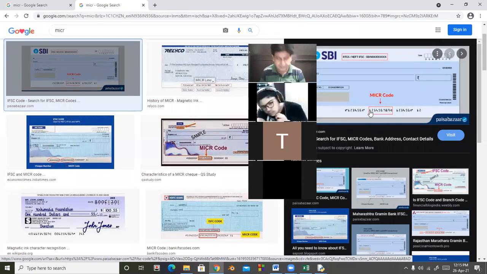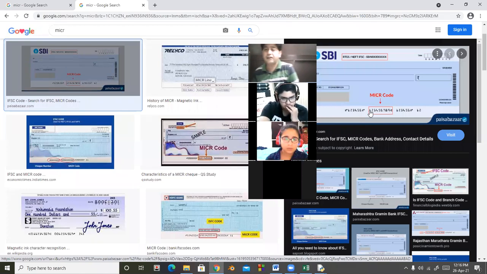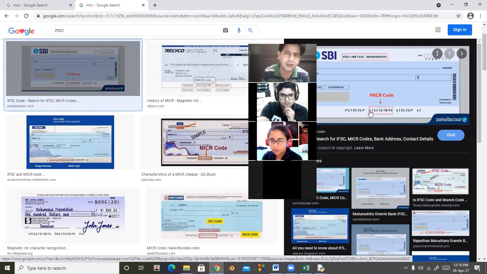MICR stands for magnetic ink character reader. This machine will scan, and in this code there is hidden information about the account holder name, account number, the branch name, branch code. Everything is hidden inside this.